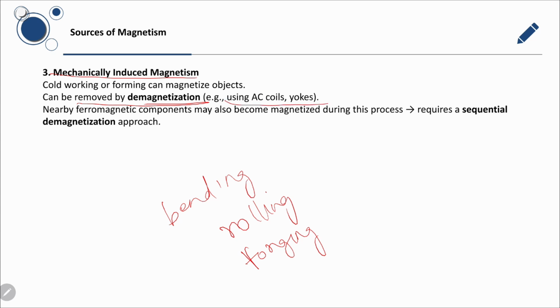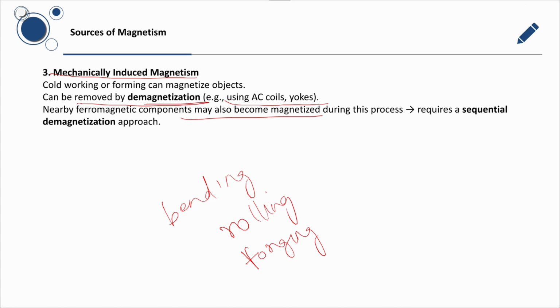It is also important to note that when one component gets magnetized this way, nearby ferromagnetic parts might also become magnetized, which means you might need a sequential approach to demagnetization for the whole assembly.